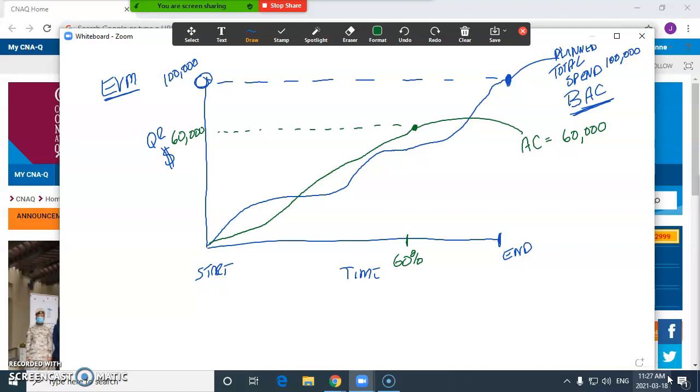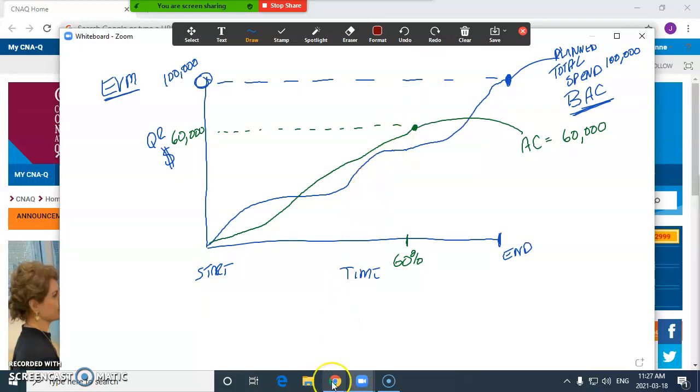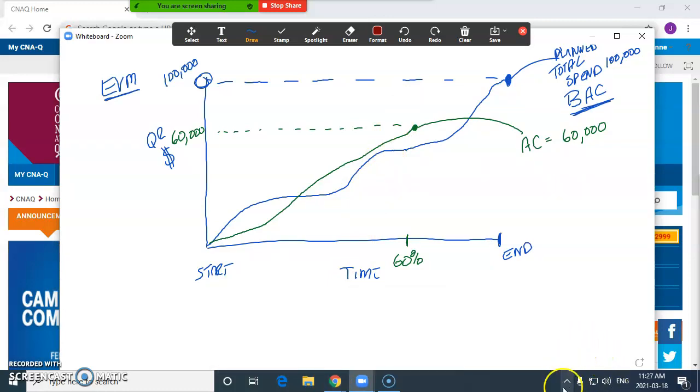But you're talking to your project team, and your project team says, actually, we've done 75% of the work in the whole project. We've actually completed, finished it. So, if they've done 75% of the work, to determine the earned value, because the work has been completed, they say it's 75%, so it's up here.